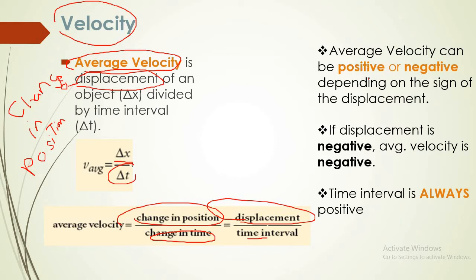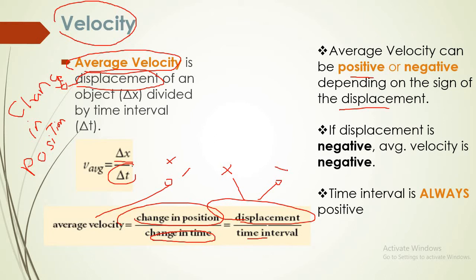Average velocity can be positive or negative depending on the sign of displacement. Depending on change in position, or displacement. Displacement may be positive or negative.